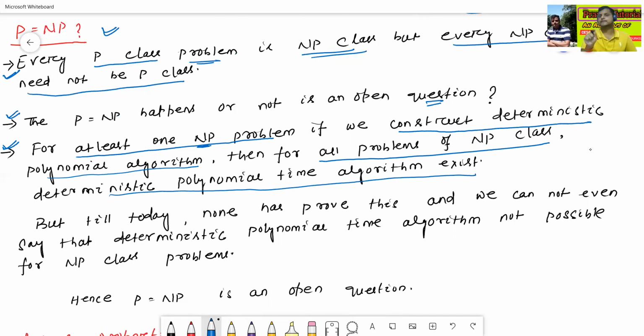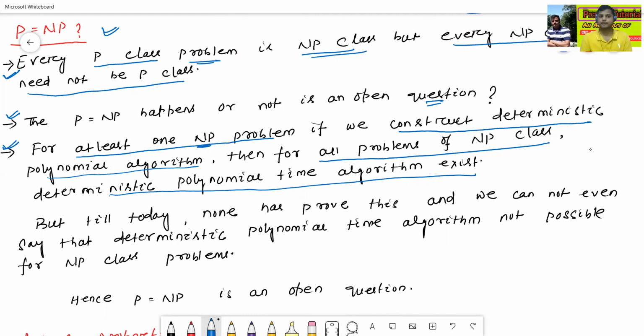So we can construct a deterministic polynomial time algorithm for all problems of the NP class.